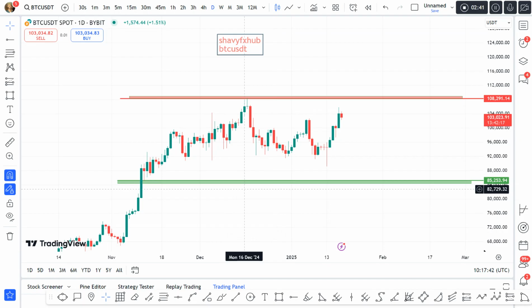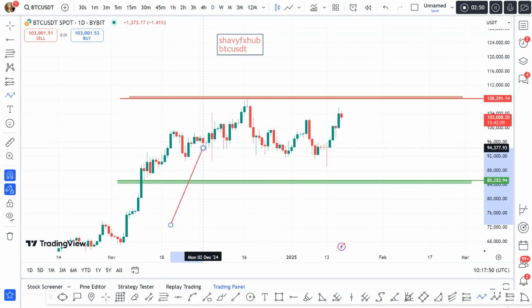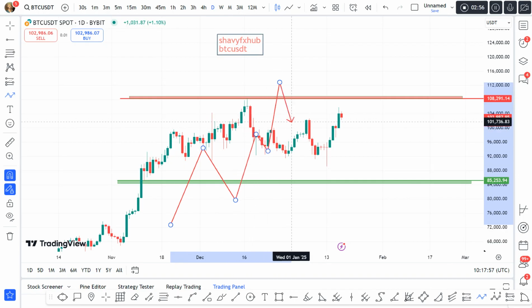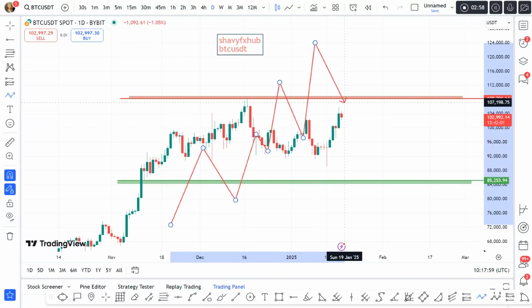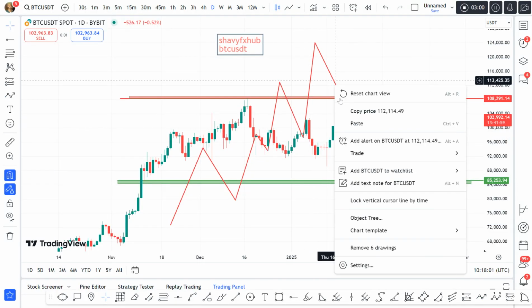But on a higher time frame, the market is ranging. We want a market that will create a clean structure. This is what we want: higher high, higher low, higher high, higher low. This is what we want for an uptrend.